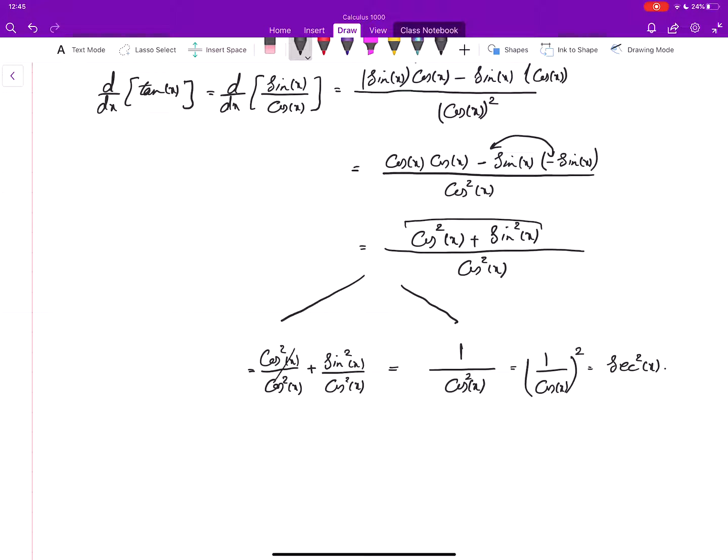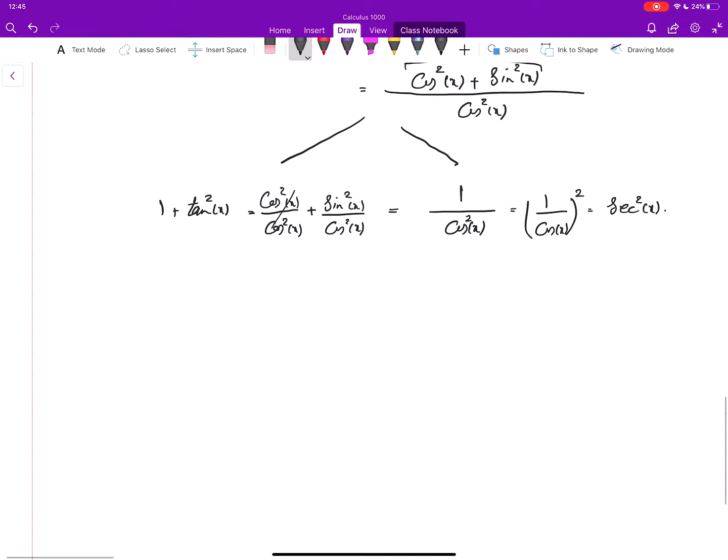And this gives us 1 plus tan squared x. Both of them are equal, just different ways of writing the derivative. And that will give us the third formula, the derivative of tan x, which is equal to either secant squared x or 1 plus tan squared x.